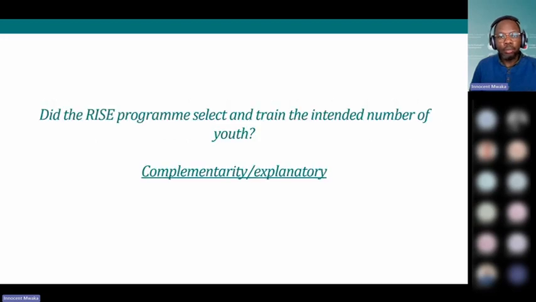So I mentioned that we would focus on two questions. So, did the RISE program select and train the intended number of youths?